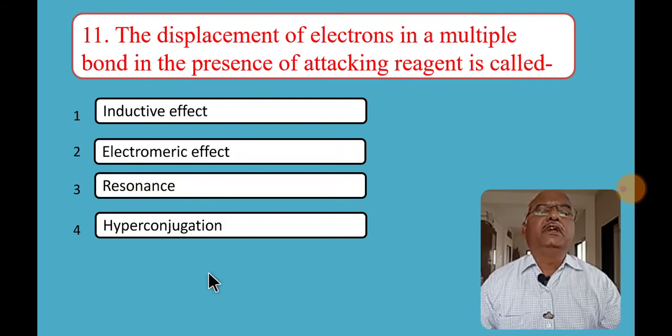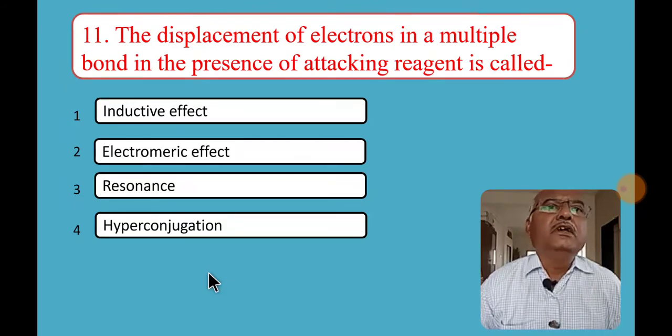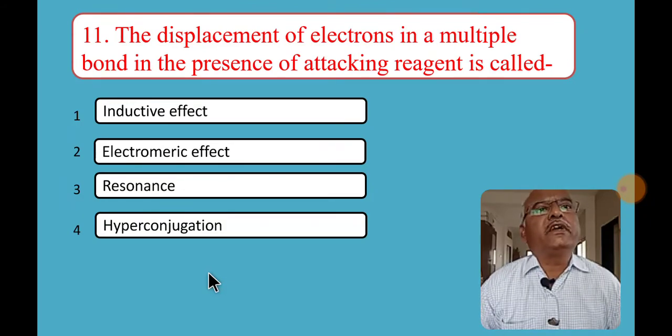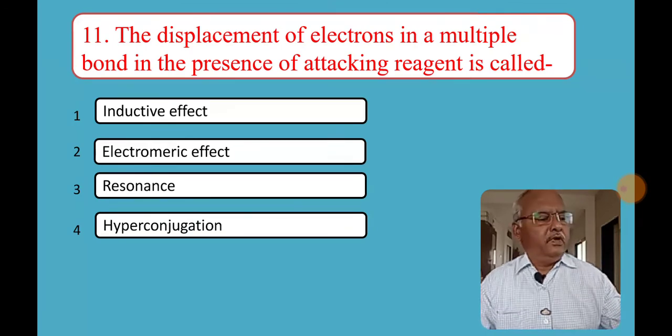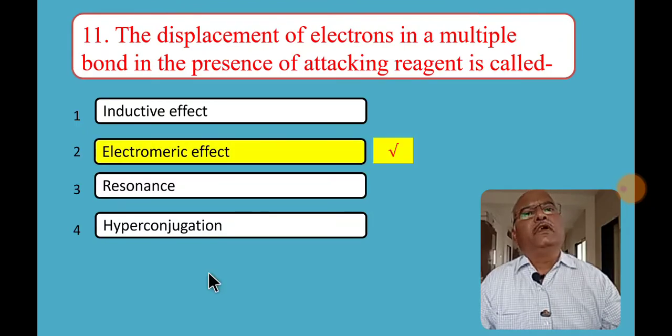Next question. Question number 11. The displacement of electrons in a multiple bond in the presence of an attacking reagent is called inductive effect, electromeric effect, resonance, hyperconjugation. Check your answer.